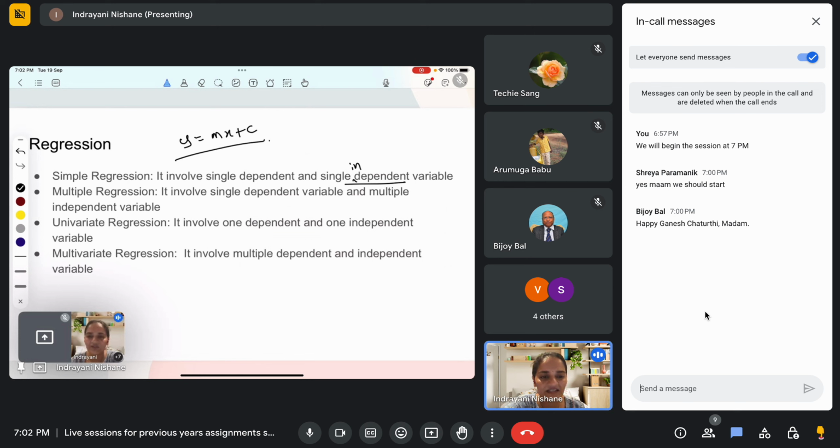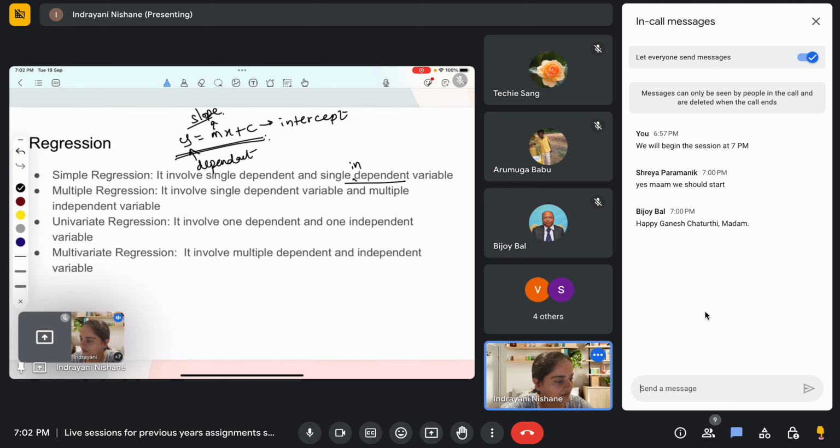So we use this simple linear regression formula, where C would be the intercept and Y would be the slope. This will be the dependent variable, and this would be the independent variable.